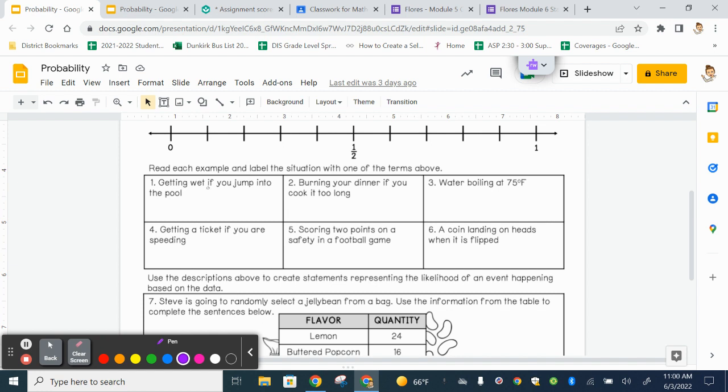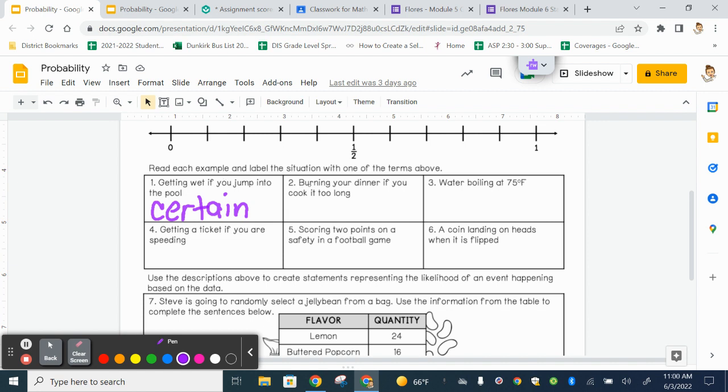That's definitely for sure going to happen if you jump in a pool. So we're going to be at a 1 for that, and it is certain. It is going to happen.